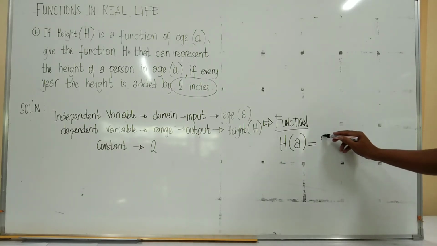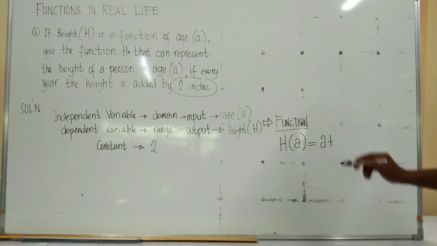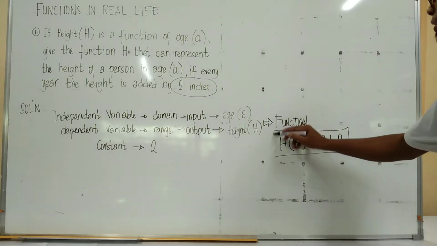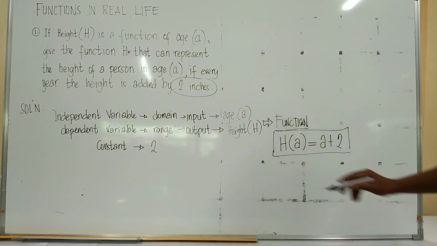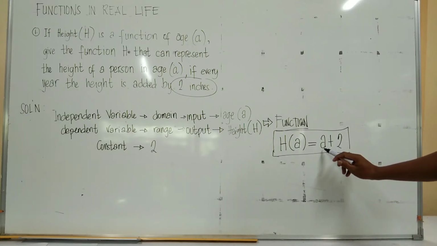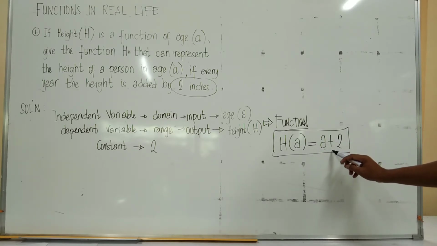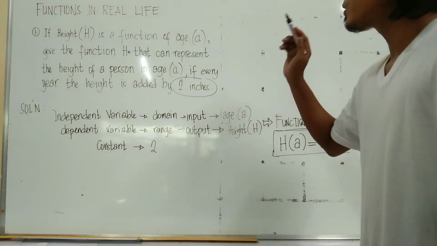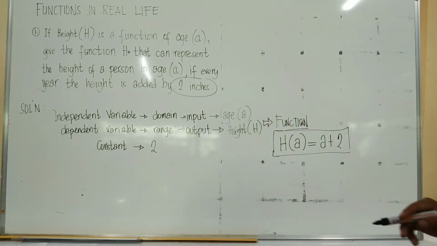Every year we are adding 2 inches. So this will be our resulting function. This is our age in the unit of year, plus 2 every year. So this is our example number 1.